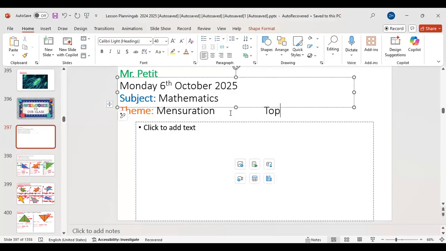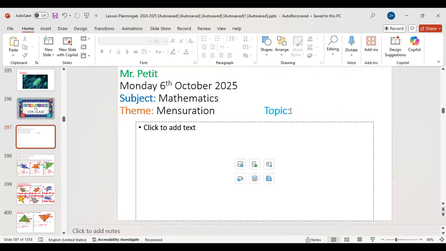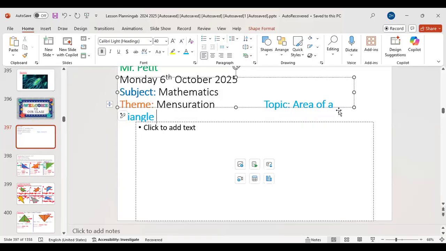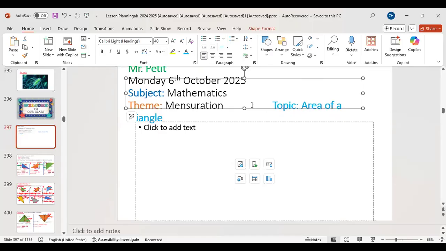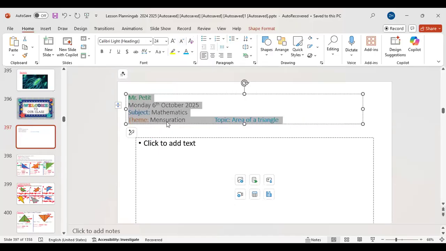We looked at area using grids, and that was pretty easy. All we had to do was count the blocks. Today we're going to be looking at the area of a triangle, and see how much we can get done. So let's go.